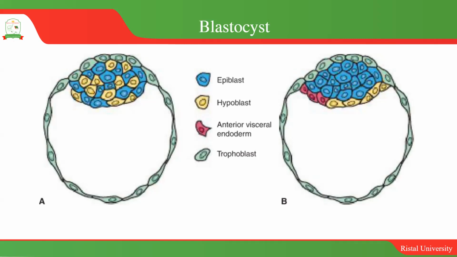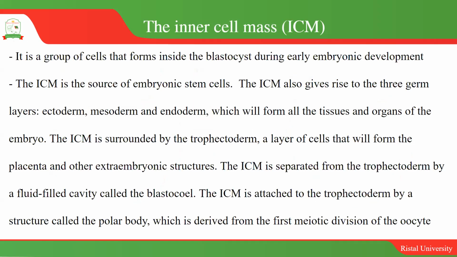Okay, so we will have the blastocyst having different cells arranged differently, and also giving rise to different structures. And the focus here is that I want you to focus on the epiblasts, which are the blue cells, and then the hypoblasts, which are basically the yellow cells that you see there, basically around the inner cell mass.